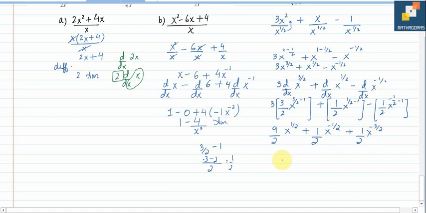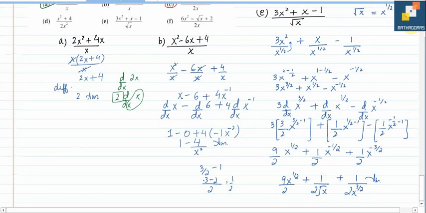Alright, so you can write it more in this way: 9x^(1/2) divided by 2 plus 1 upon 2 root x plus 1 upon 2 x to power 3 upon 2. That is your final answer.